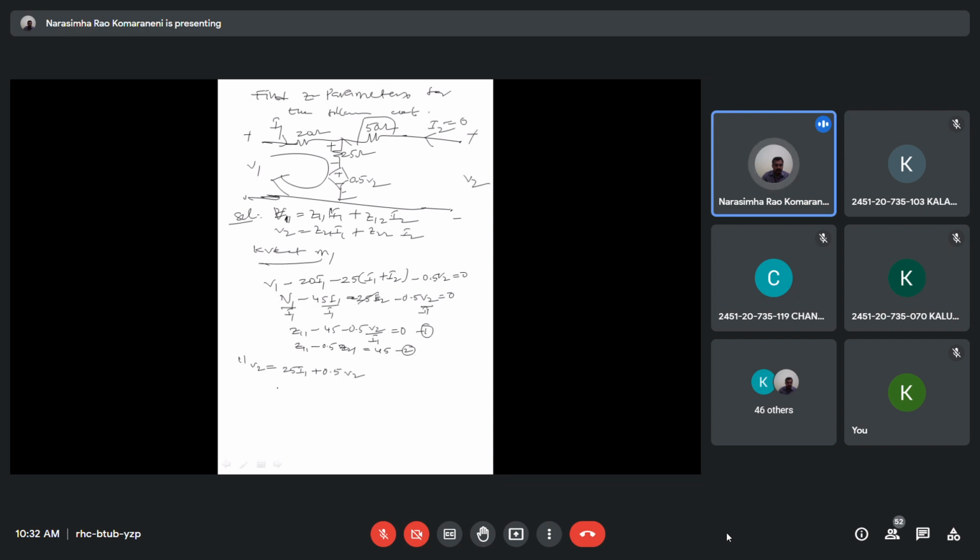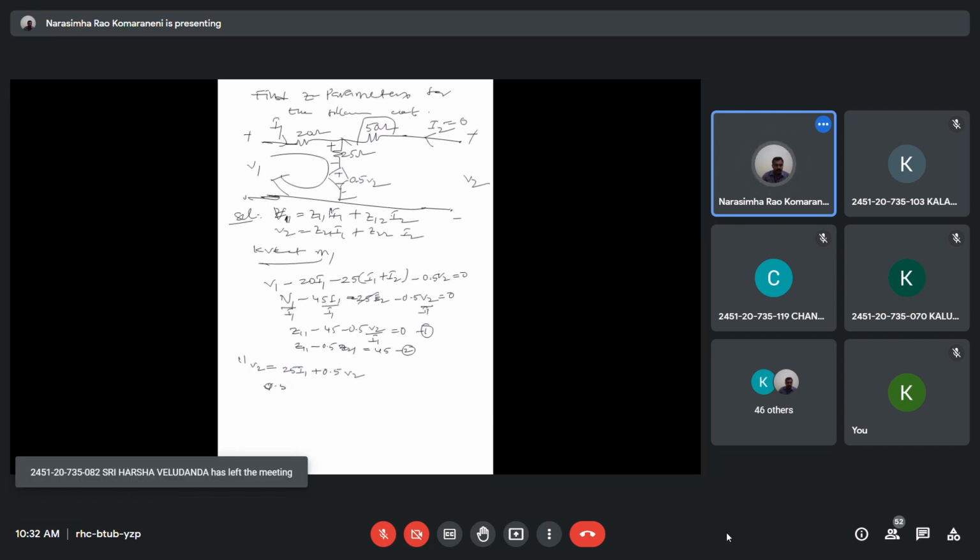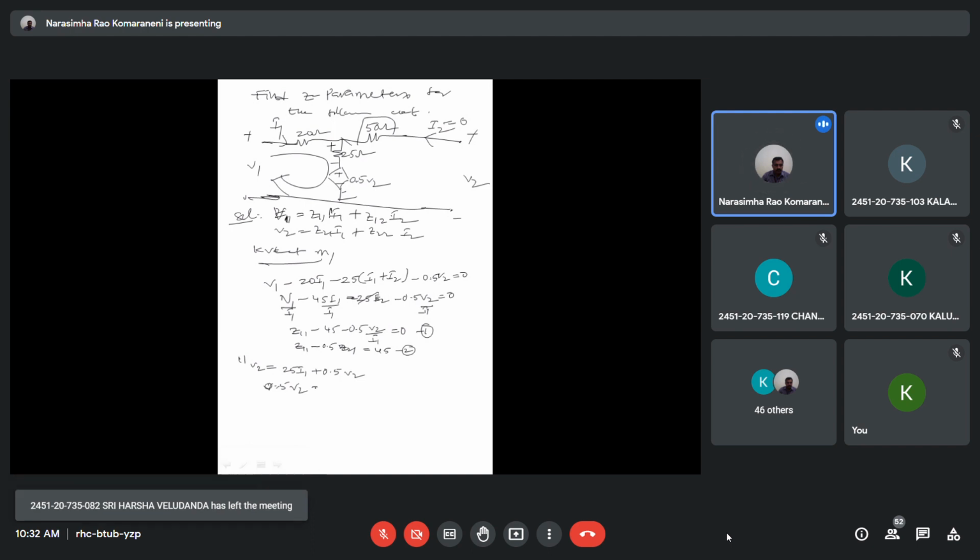So this is 0.5 V2, this is V2. If you take the LHS side, this becomes 1 V2 minus 0.5 V2. So you will get 0.5 V2 is equal to 25 I1. Clear?